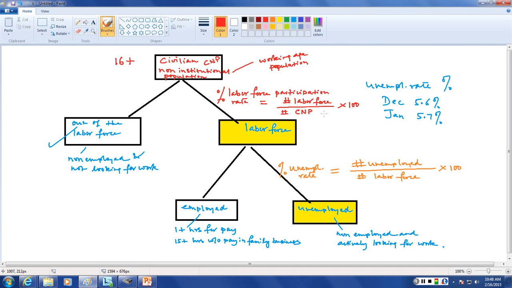And there is one last rate that I'd like to talk about today before I stop, and that is something called the employment rate. Okay? And let me tell you what the employment rate is. I'm going to draw a new line from here to here.